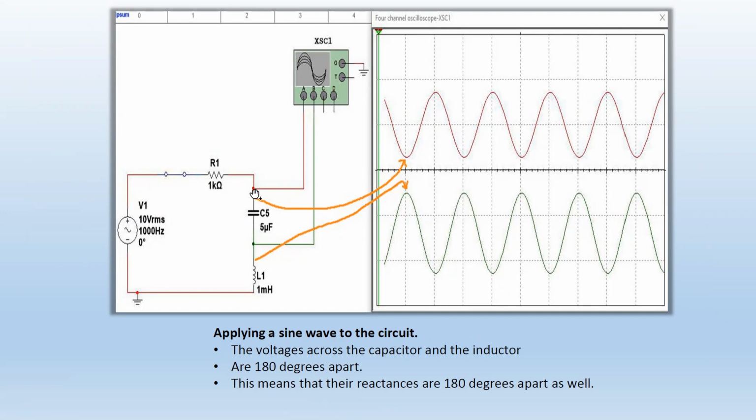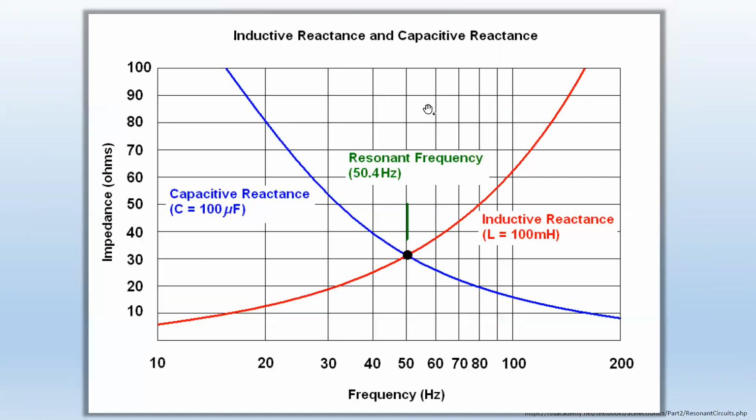Now, what happens if we have across the capacitor and across the resistor the voltages opposite to each other? Remember we talked about the resonant frequency? At a certain point, if we have a certain specific value for the capacitor and the coil, the resonant frequency is going to be about 50 hertz.